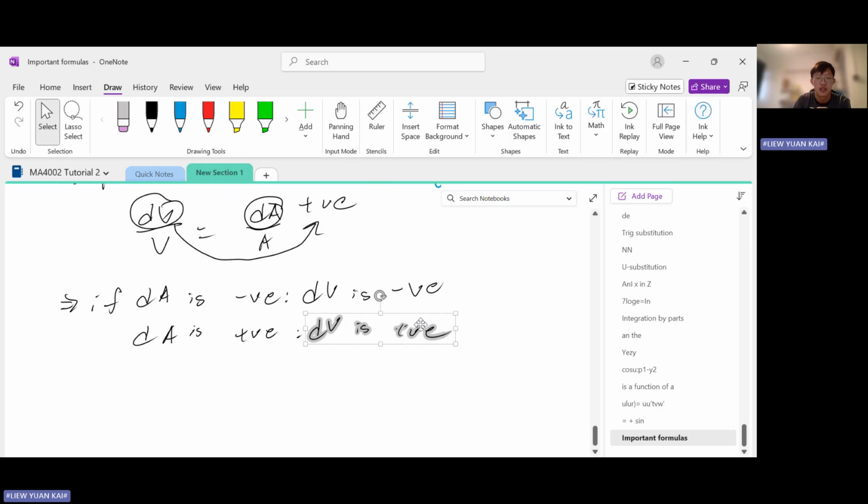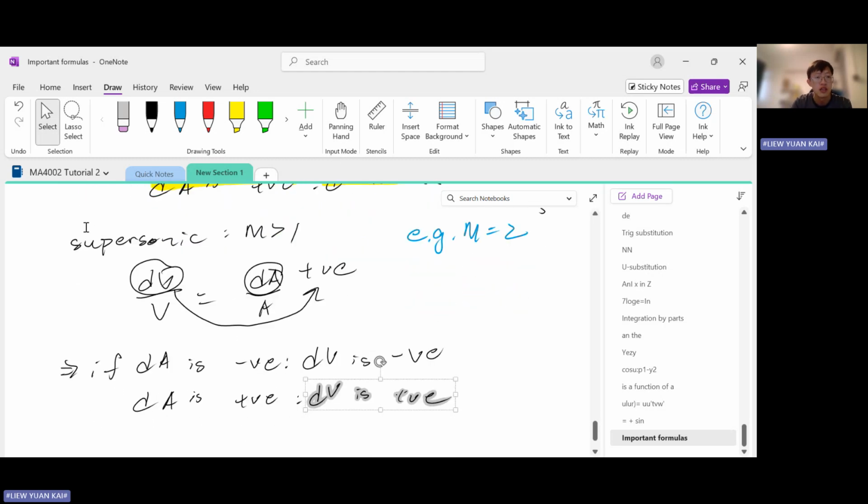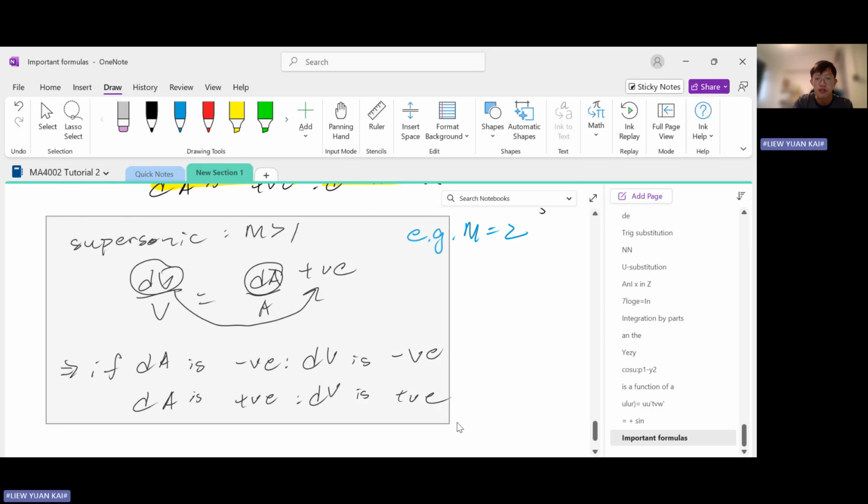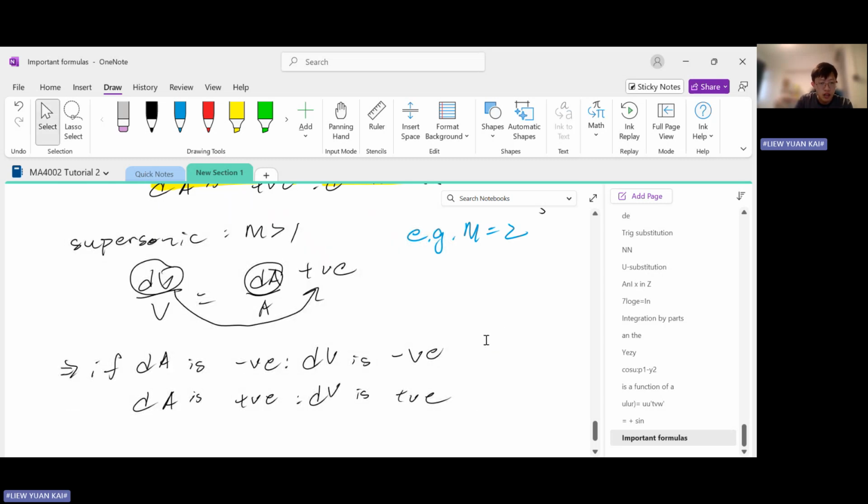Using our intuition, if we squeeze a pipe, we constrict the pipe, we expect that it will go faster for the same flow rate. And if we expand the pipe, then it will go slower for the same flow rate. However, supersonic flow will beat our intuition. Supersonic flow is counterintuitive. So when we decrease the area, the fluid slows down. When we increase the area, the gas moves faster.